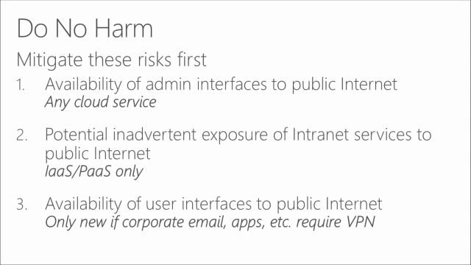But those are the primary risks that we typically see enterprise organizations face. And the big one that we focus on is risk one there, about those admin interfaces on the internet.